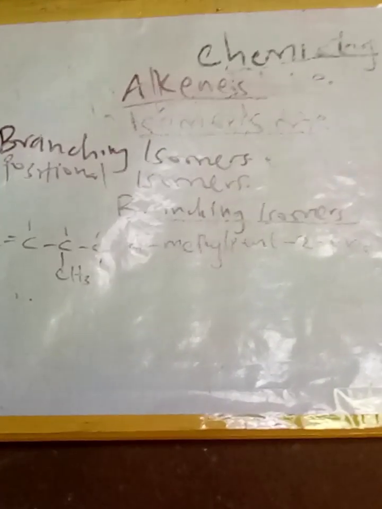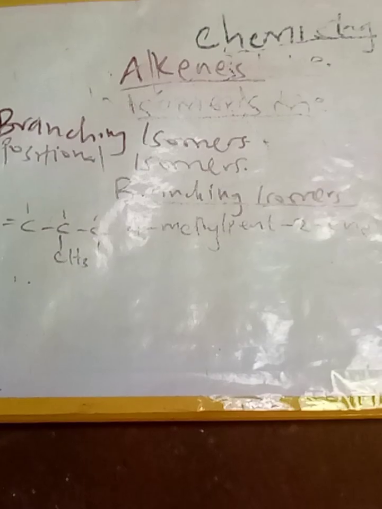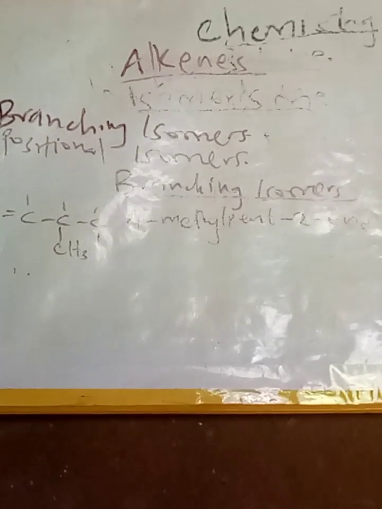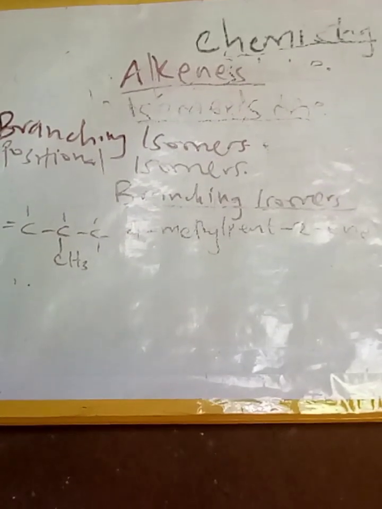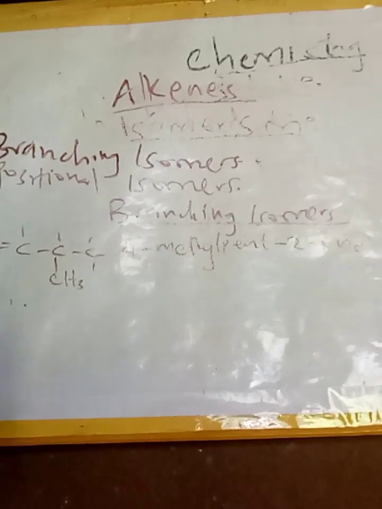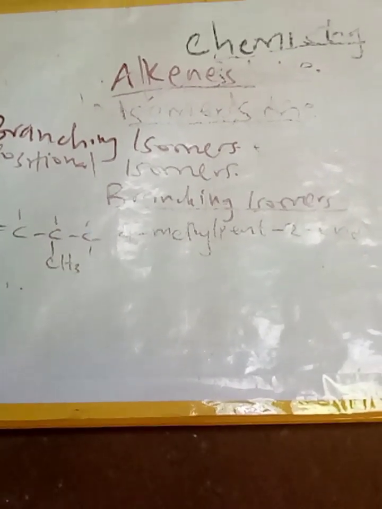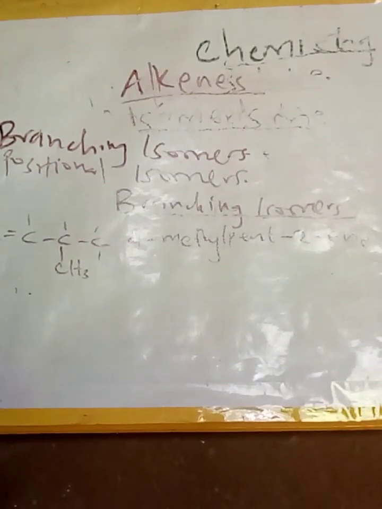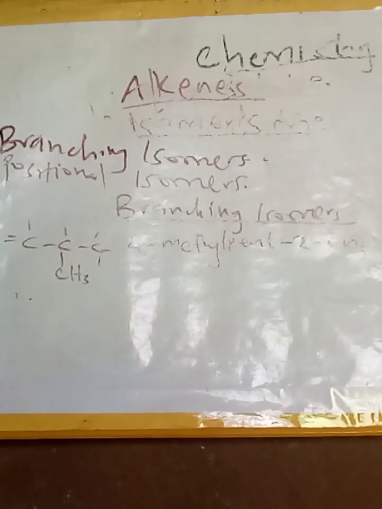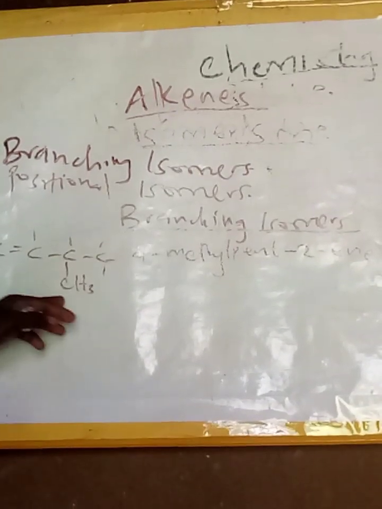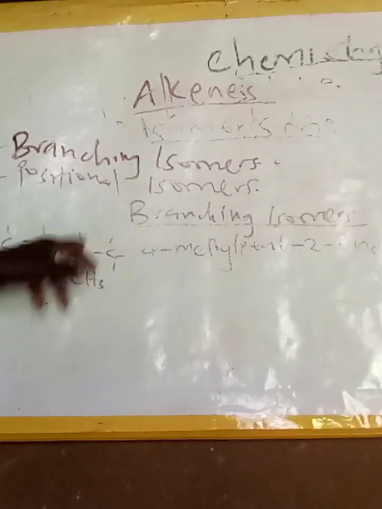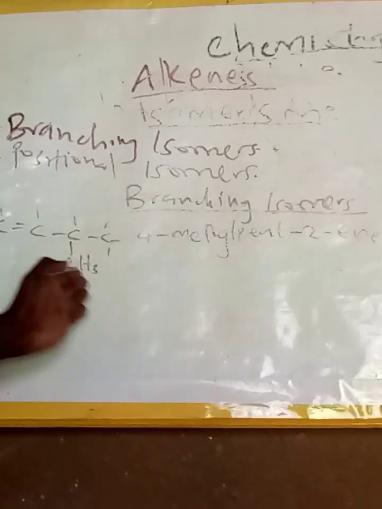Now I want to form another compound that has a different name, but when you count the number of carbon atoms they are the same, and hydrogen atoms are also the same as in the other compound. Now I will only play with the substituent because we are talking of branching isomers. This is now the branch.